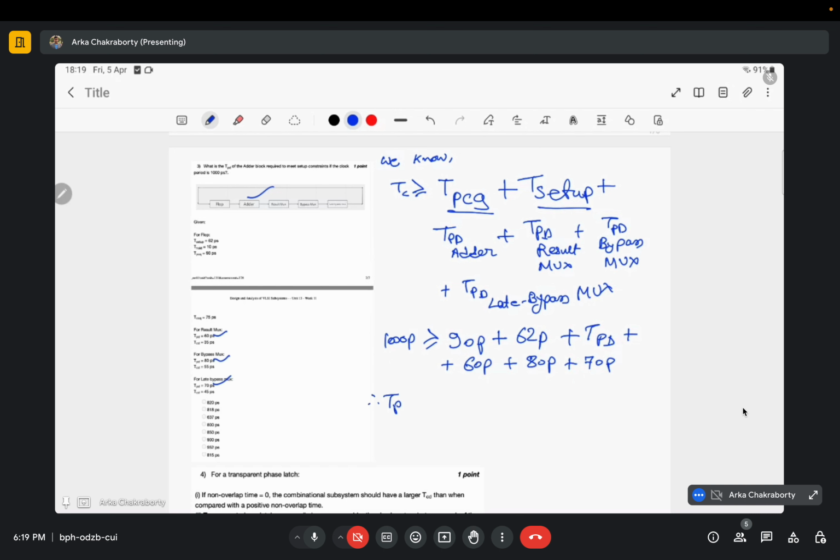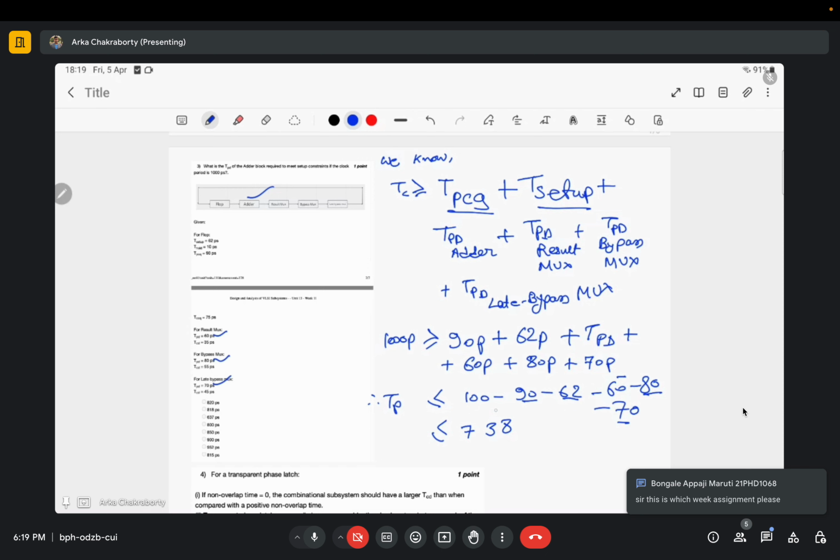Therefore TPD is less than or equal to 1000 minus 90 minus 62 minus 60 minus 80 minus 70. 90, 160, 240, 300, 362. So 738. Sorry, 90, 150, 220, 300, 362.